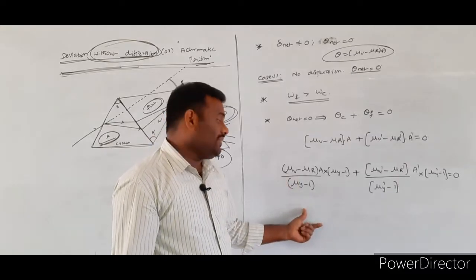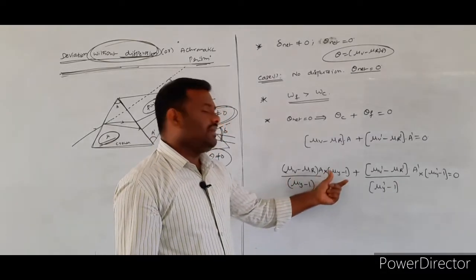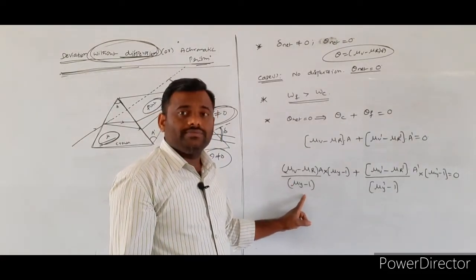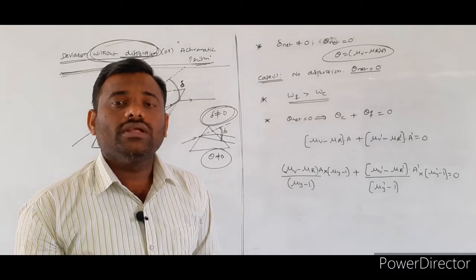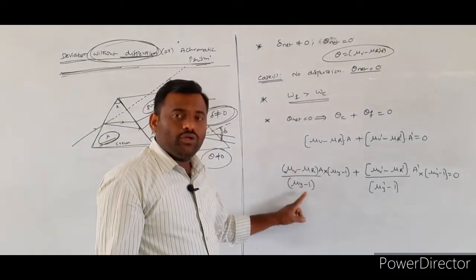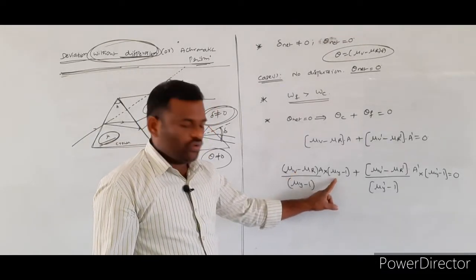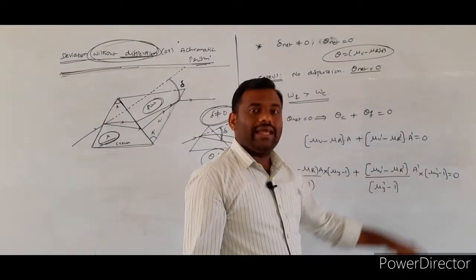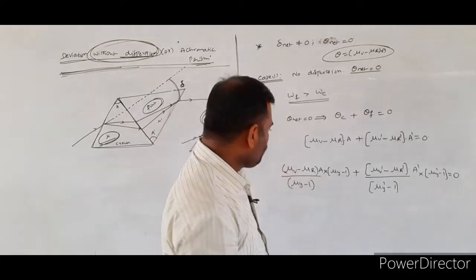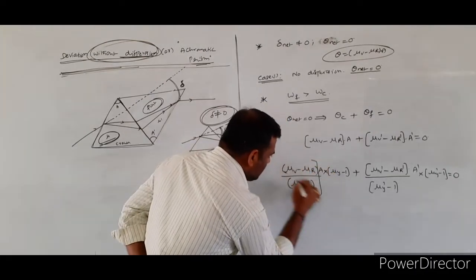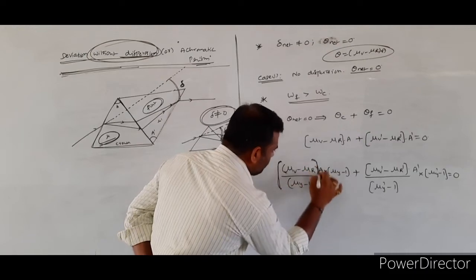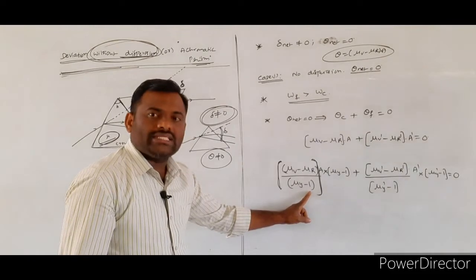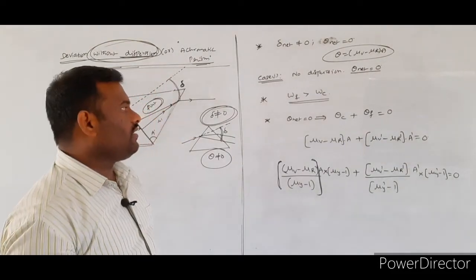We are multiplying with mu y minus 1 and dividing with mu y minus 1. Here also we are dividing with mu y dash minus 1 and multiplying with mu y dash minus 1. If you see this term, mu v minus mu r by mu y minus 1, what is this?